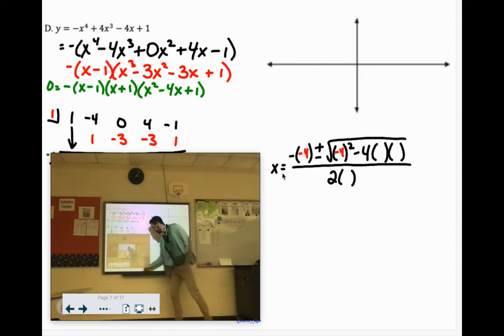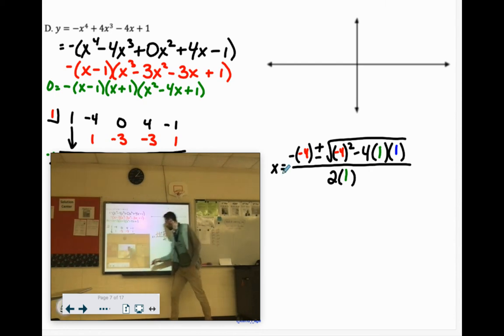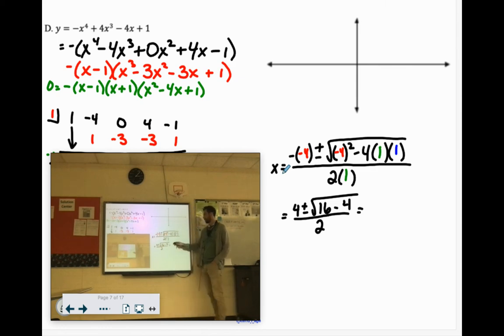The a would be 1. And the c would also be 1. So then if we kind of just go along here, we have negative 4, which is 4, plus or minus negative 4 squared is 16, minus 4 times 1 times 1 would be 4, over 2 times 1 is 2. 16 minus 4 is 12.